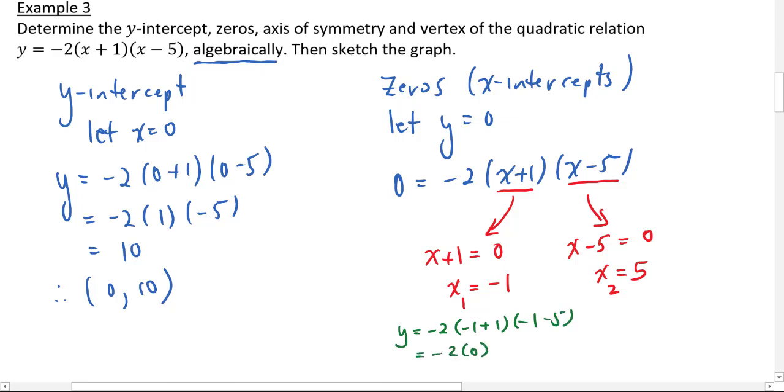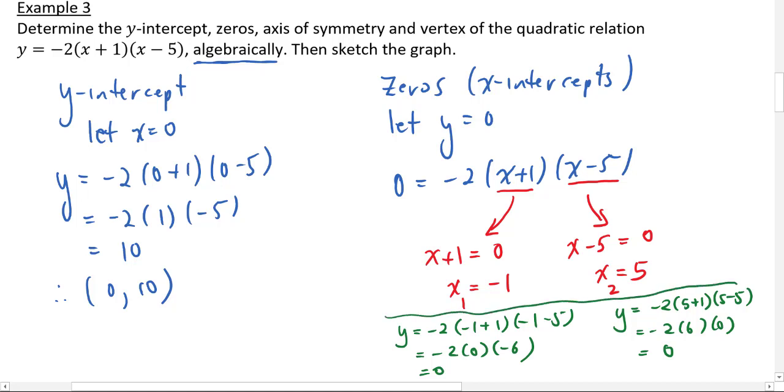That's -2 times 0 times -6, which equals 0. Same thing over here. If I use that 5, I get -2 times (5 plus 1) times (5 minus 5), which is -2 times 6 times 0, which equals 0.